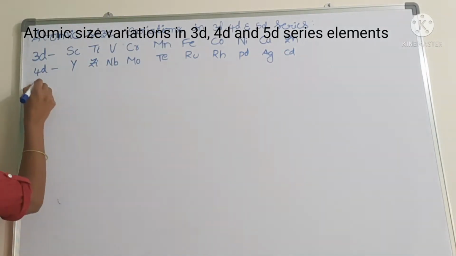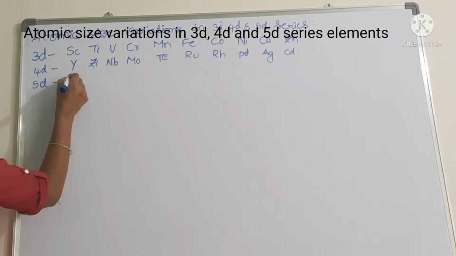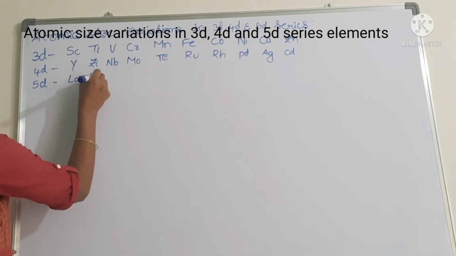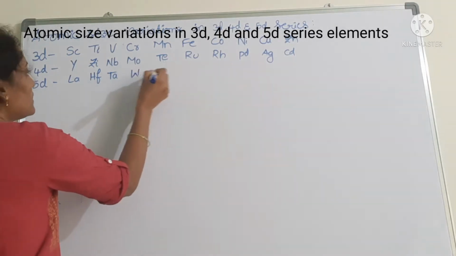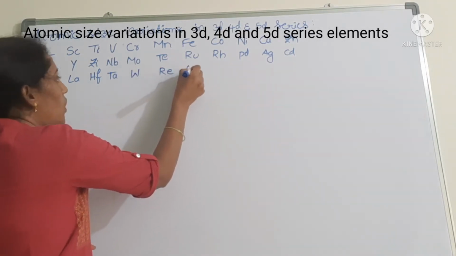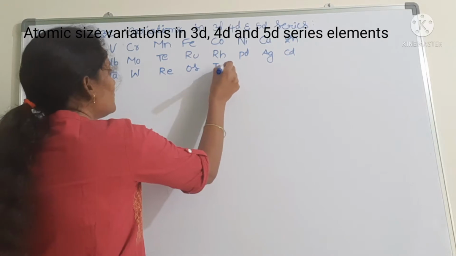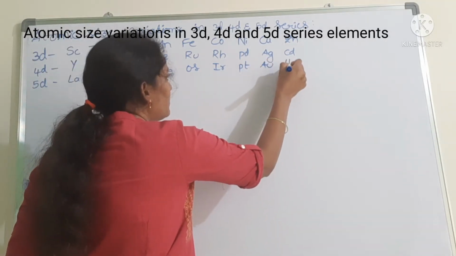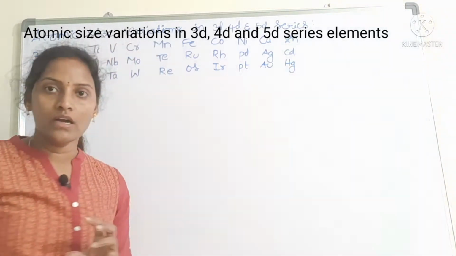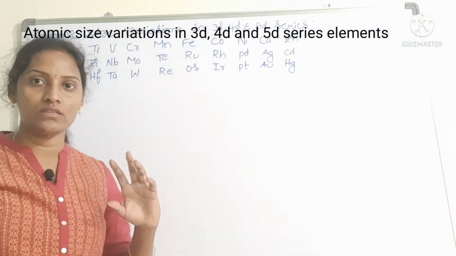Coming to 5D series elements, these are lanthanum, hafnium, tantalum, tungsten, rhenium, osmium, iridium, platinum, gold and mercury. These are the elements that belong to these three series.